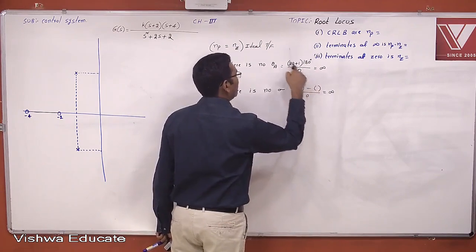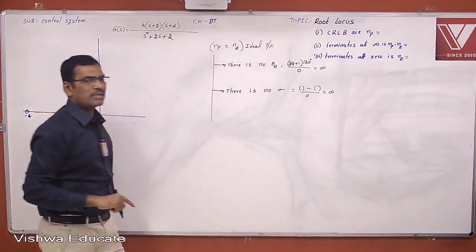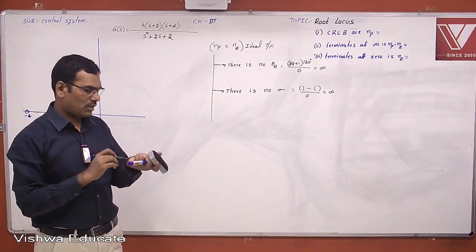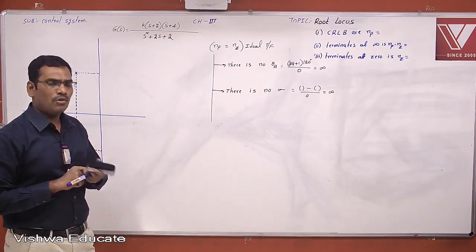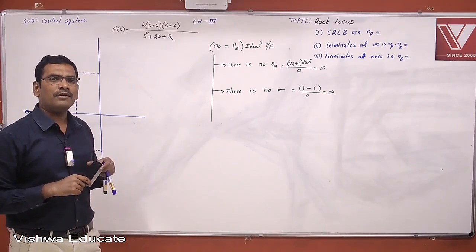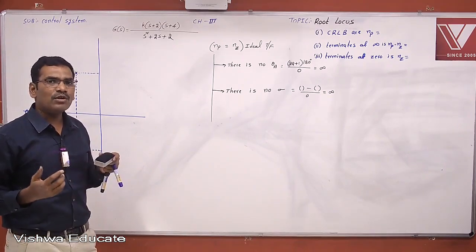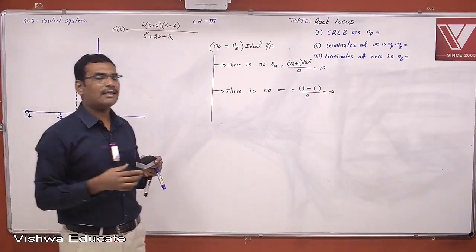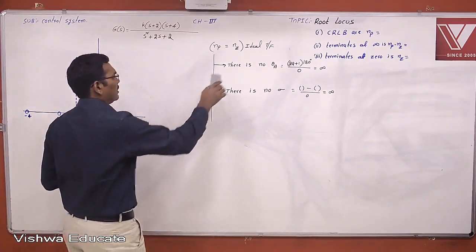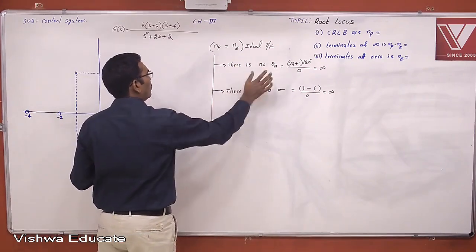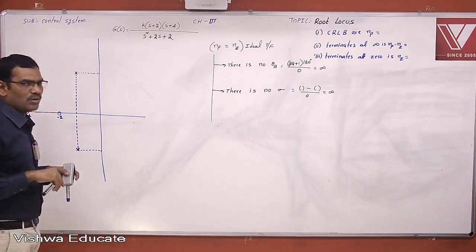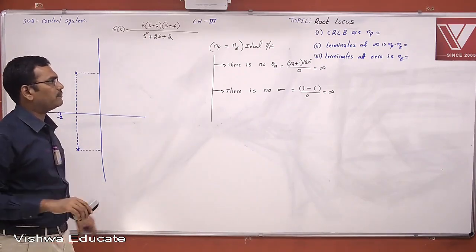No angle of asymptote, no centroid, and there is some problem because I don't know the shape of the root locus diagram. Even if you don't know the angle of asymptote or the centroid, we will try to draw the root locus diagram by starting from the poles and ending at zeros. Okay, this is one important point. If it is an ideal transfer function, no angle of asymptote, no centroid. Now take down this.